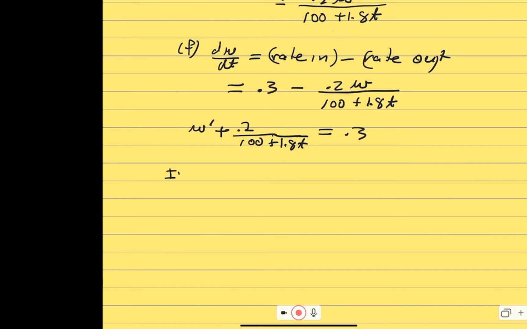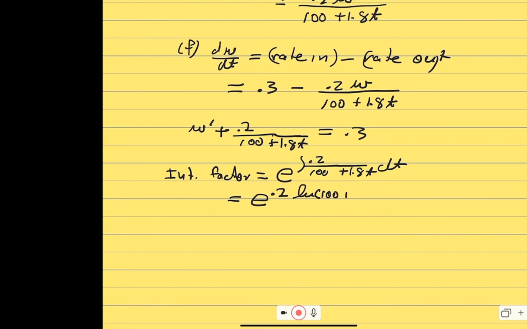So the integrating factor is e to the integral of 0.2 over 100 plus 1.8 T dt, which is e to the 0.2, then I get the natural log of 100 plus 1.8 times T, and I have to divide that by 1.8, the chain rule.